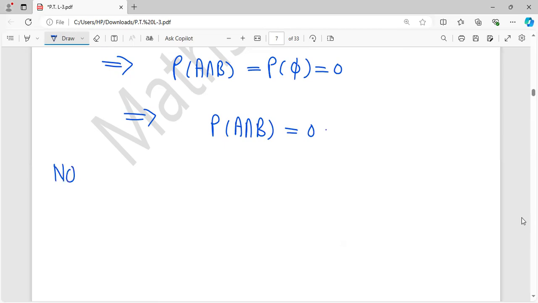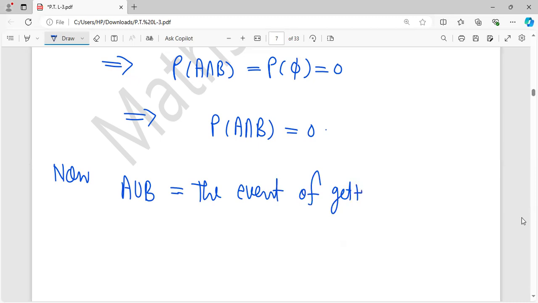Now, what is A union B? The event of getting a total of 7 or 11. And we have to find the probability of getting a total of 7 or 11.